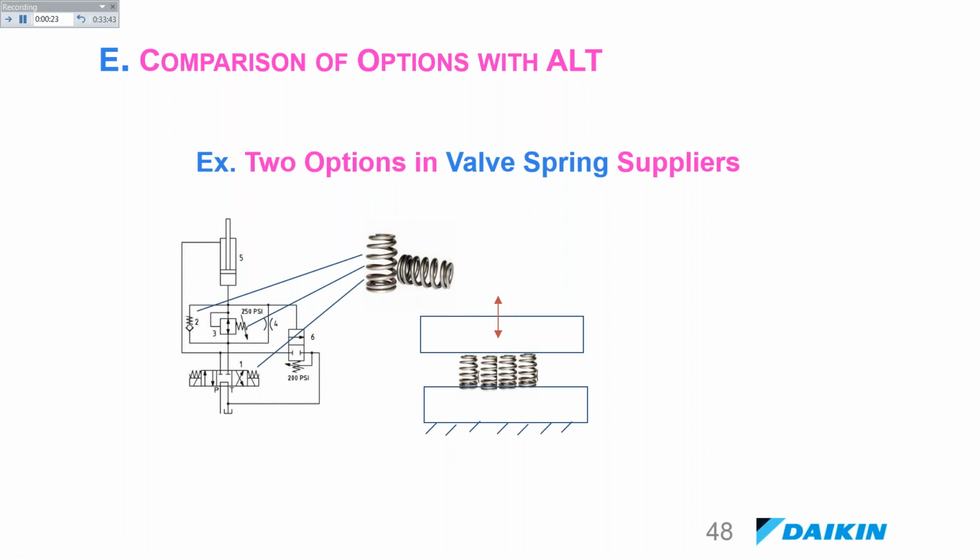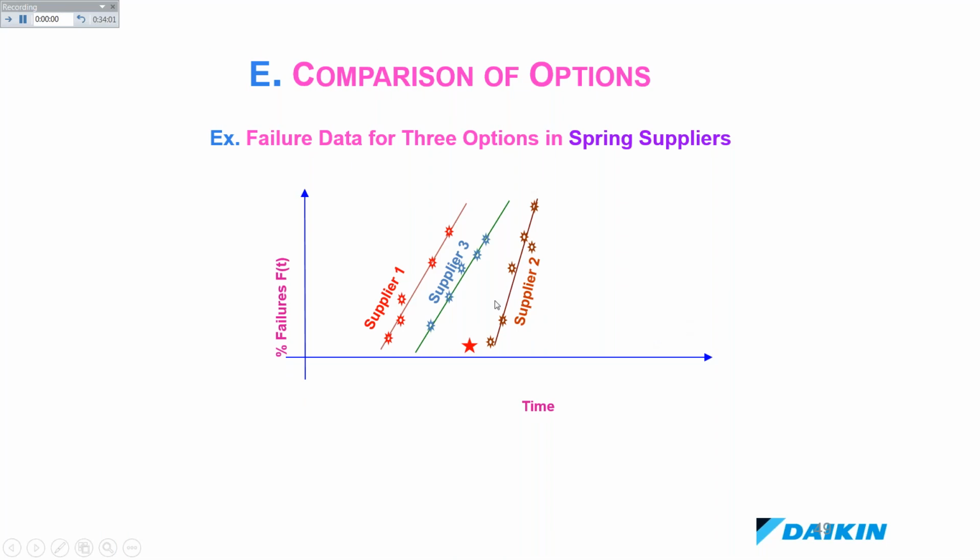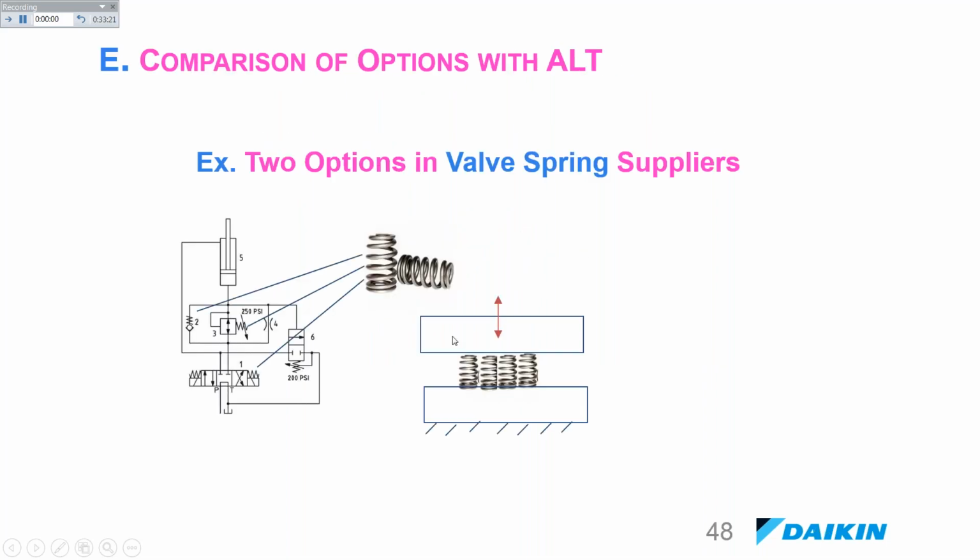So, for example, let's look at an example. Here's a hydraulic system, and within those valves, directional control valves, we have these little springs. I have a lot of suppliers coming into that. So I test them all in one unit. I could do this testing in 2 weeks, and I probably make everything fail.